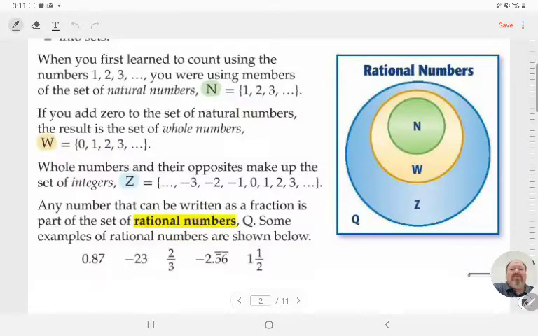Of course, 2/3 is a fraction, so it is a rational number. And negative 2.56 repeating is a repeating decimal, and you'll see in this lesson how you can write that as a fraction, so that is a rational number. And a mixed number like 1.5 is a rational number. So those are some examples.